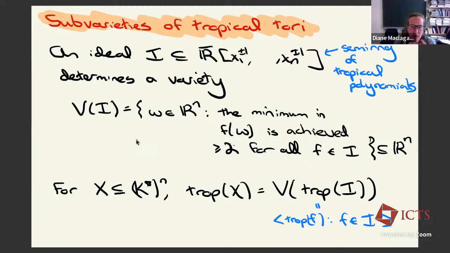Our usual way of thinking about the tropicalization of a variety is that we want the minimum achieved twice in each tropicalization. We could instead say we first tropicalize the ideal, where I here is the ideal of X, the ideal of all Laurent polynomials vanishing on X. I can first tropicalize the ideal of X and then take its variety, and I'll get the same thing. So that's just rearranging the definition.